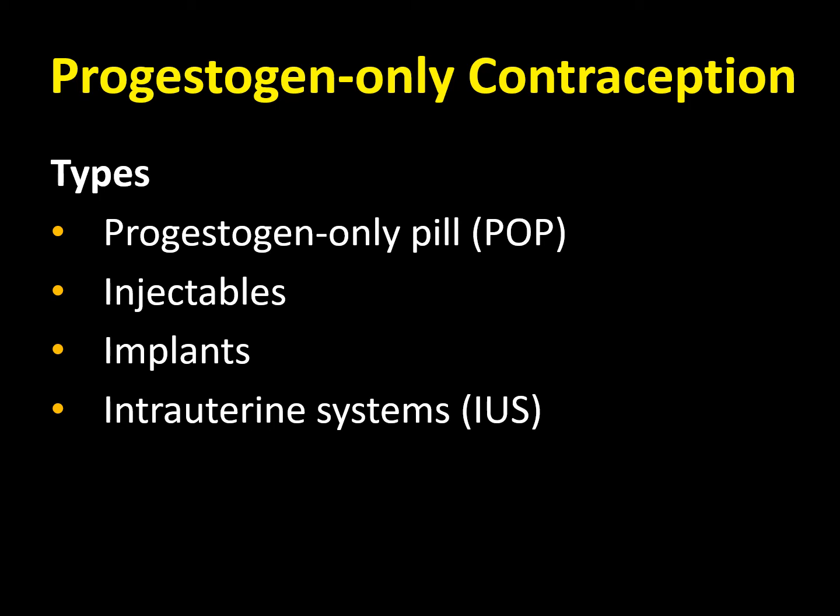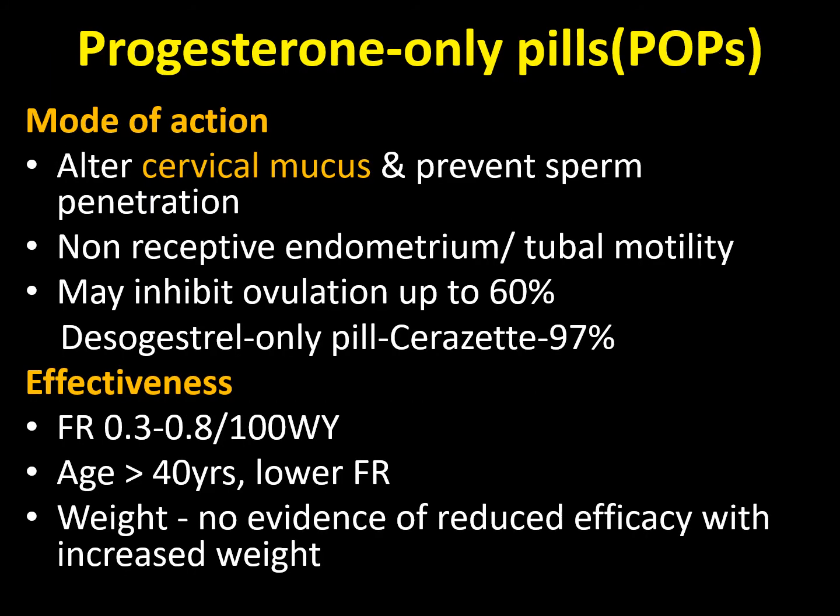Progestogen-only contraception includes progestogen-only pill, injectables, implants, and the intrauterine system Mirena. Progestogen-only pills contain progestogens only, and they are called by some mini pills or breastfeeding pills.